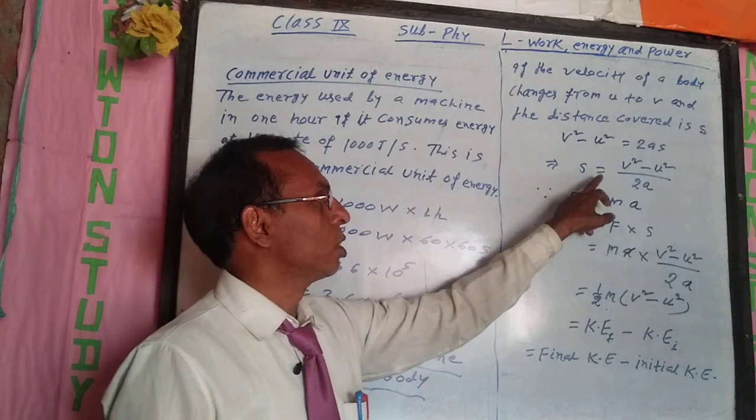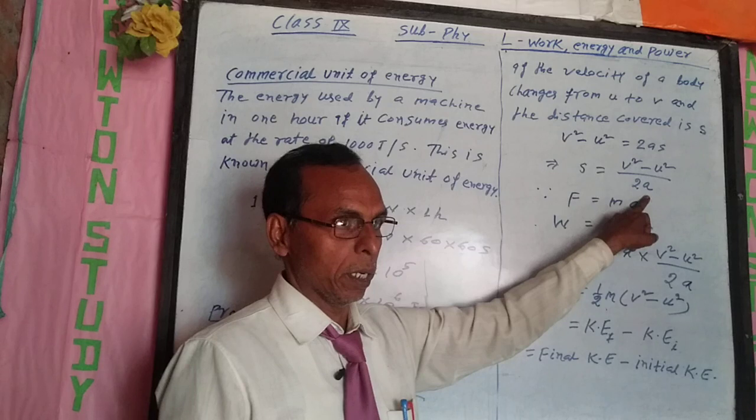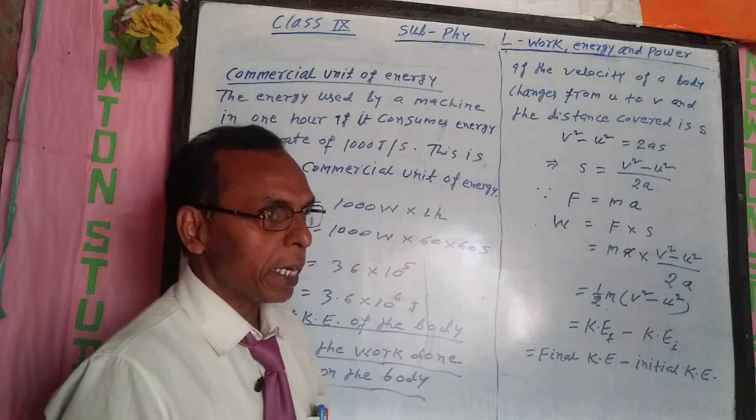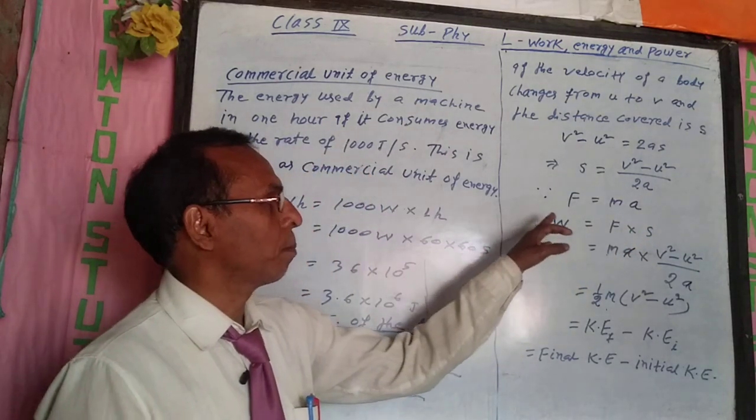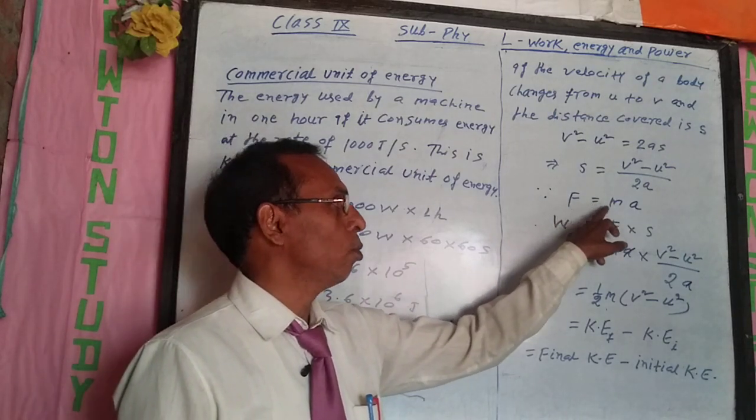Hence s is equal to v square minus u square by 2a. From Newton's second law, force is equal to ma.